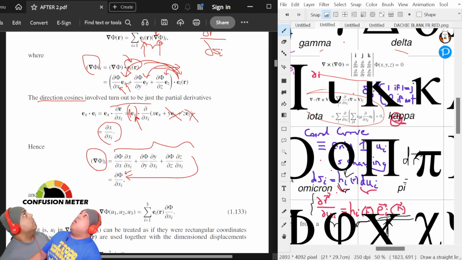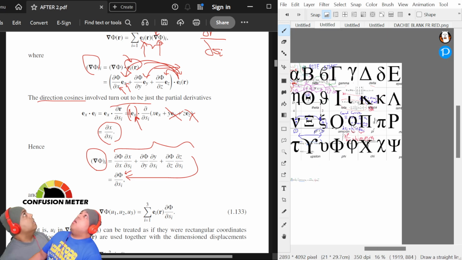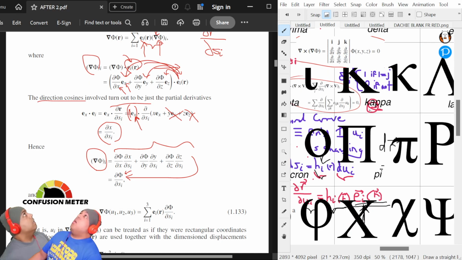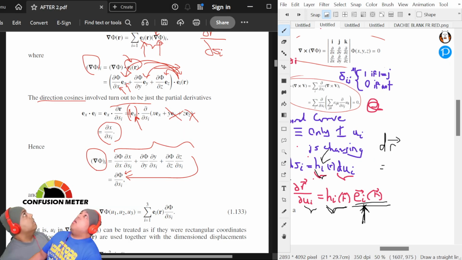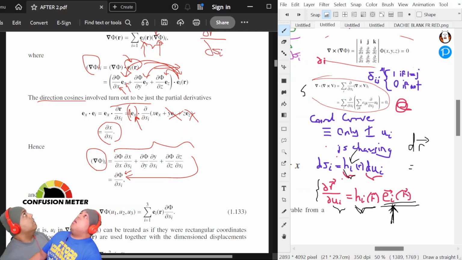Let me just bring this here. That is really big. I regret doing this. Okay, we found this is this, and so the ith component of this is this.